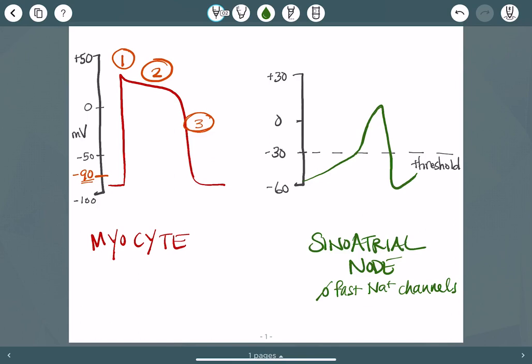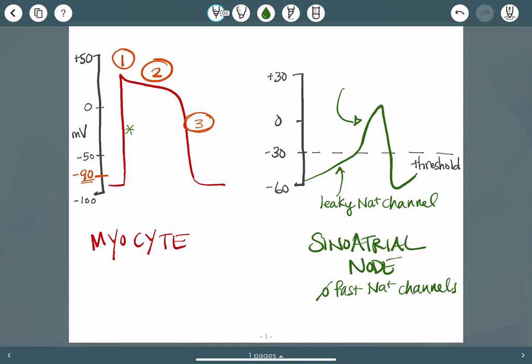The response of getting an action potential in the SA node is actually much slower. If you look at the slope of the line here, there's a slower response compared to the straight vertical line of the myocyte. What's really special about the SA node is that it has leaky sodium channels.